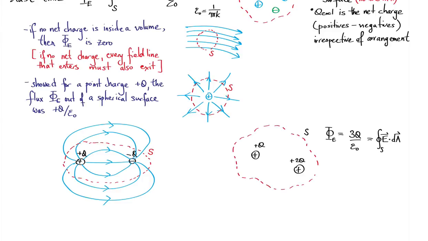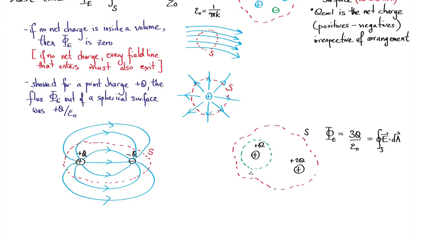So one way to think about it is as follows, right? We know what it is for a sphere. We did that over here. You could imagine that we have one sphere that just encloses plus Q. This one we don't need to worry about because it's outside this surface.